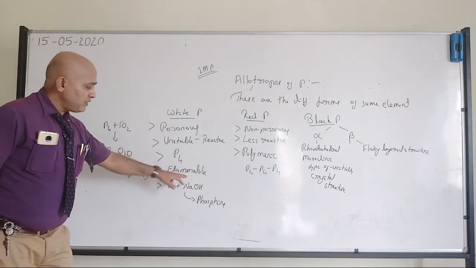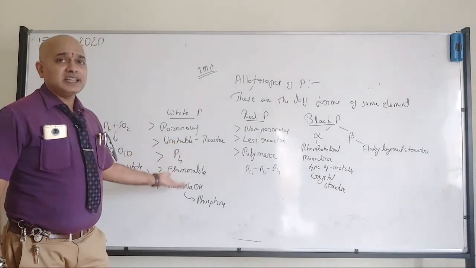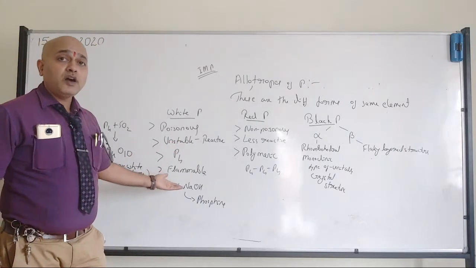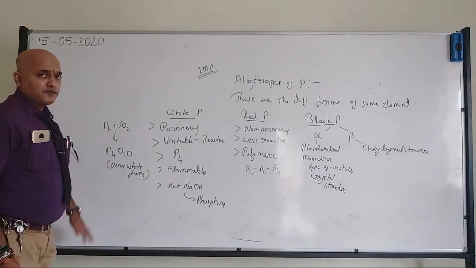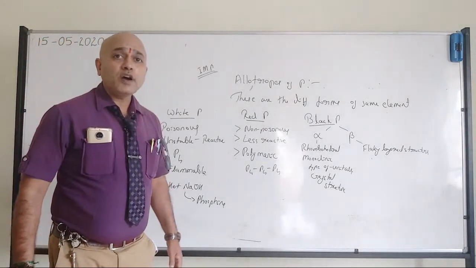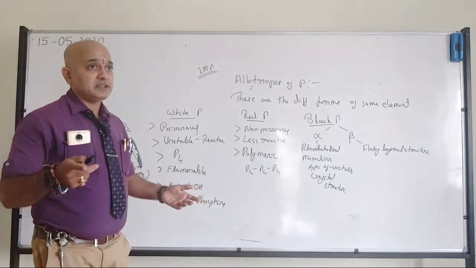And very important one is it is flammable. That's where it is highly unstable. When it is exposed to the oxygen, immediately it will release dense white fumes. That is due to the phosphorus pentoxide. 1 mark question you can expect.